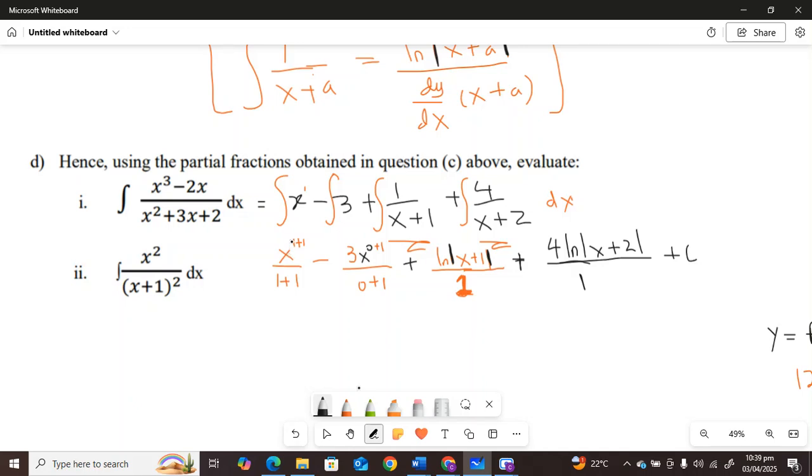So here 1 plus 1, that is 2. So we have x to the power 2 over 2 minus, 0 plus 1, that is 1.